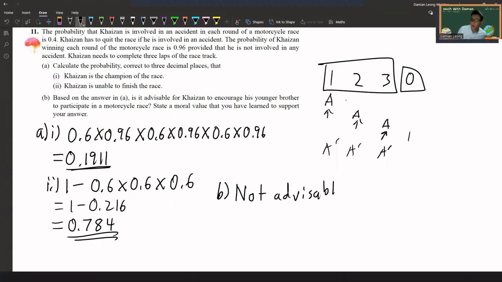Okay. It's definitely not advisable. Moral value. Actually, this one is a bit more subjective, and also I would say it's very, very unlikely for them to ask such a question in your exams. But if you were to state a moral value, it just has to make sense.